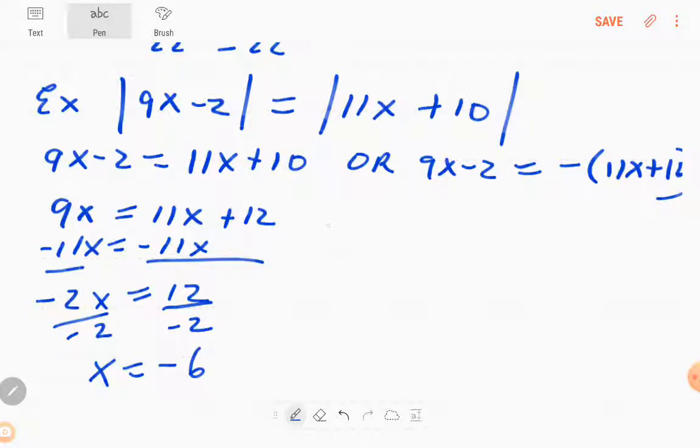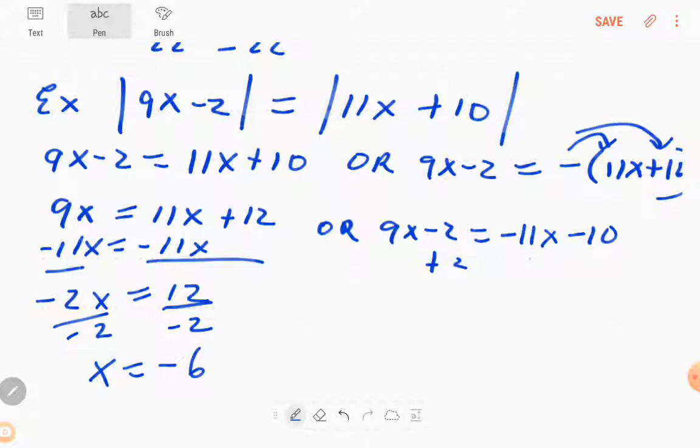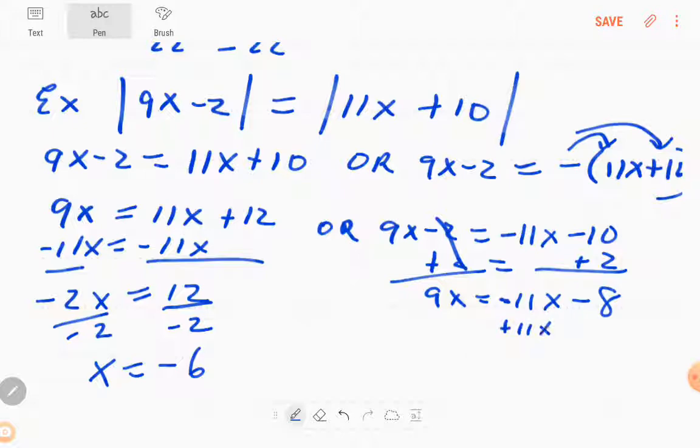Or over here we have 9x minus 2 equal to, well, the negative sign is going to change these to the opposite sign. So we're going to get minus 11x minus 10. And now adding 2 to both sides gives us 9x equal to minus 11x minus 8. So now here, I'm going to add 11x to both sides.